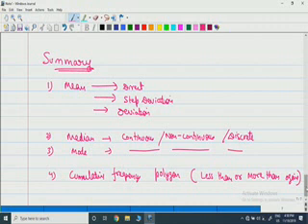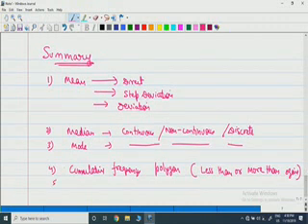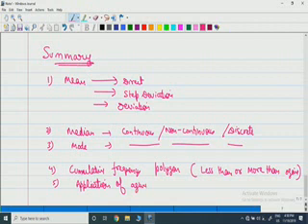After this, in the last, what we have done today is the application of ogive to find the median. So these are the subtopics of this chapter which we have covered so far.